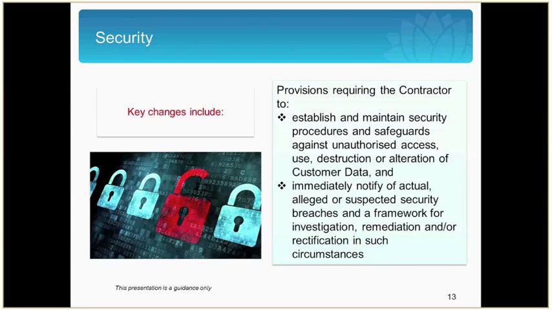Now, what about reporting security breaches? If the contractor becomes aware of an actual, alleged, or suspected breach of these secrecy and security requirements, it must immediately notify the customer, investigate the security issue within 48 hours, and report to the customer, and remedy any actual secrecy or security breach within 24 hours from conclusion of the investigation.